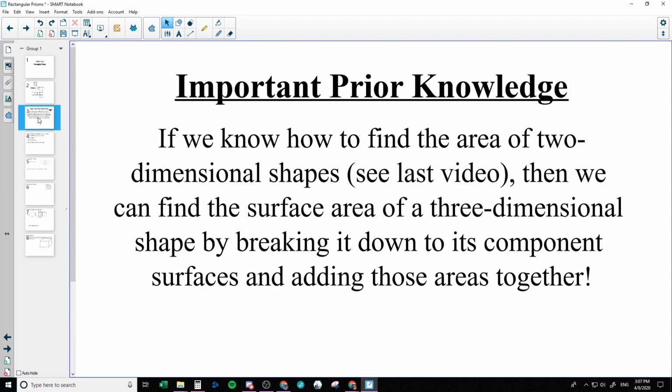So we need to engage our prior knowledge, and our prior knowledge is that if we already know how to find the area of two-dimensional shapes, and if you don't, check out the last video that was on Tuesday. It will help you understand that, review some of the formulas. Then we can find the surface area of a three-dimensional shape by breaking it down to its component surfaces and adding all of those surfaces together.